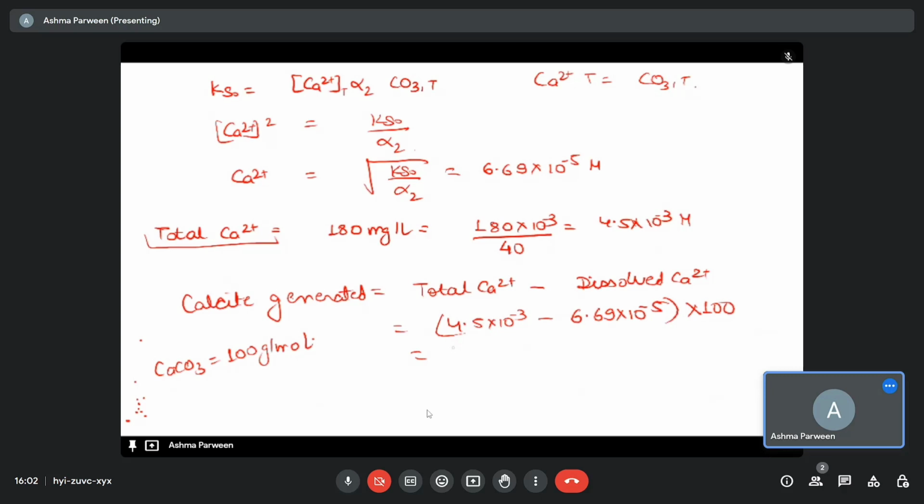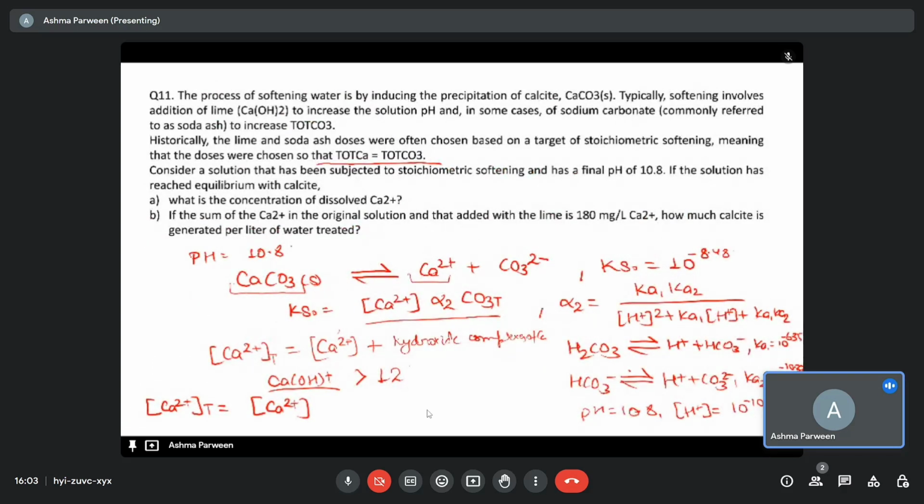Also to convert it into milligrams, we multiply again by 1000, and finally we get calcite generated as 443.3 milligrams per liter. So this is the final answer. We have calculated the concentration of dissolved calcium, and also how much calcite is generated per liter of water treated, that is 443 milligrams per liter.